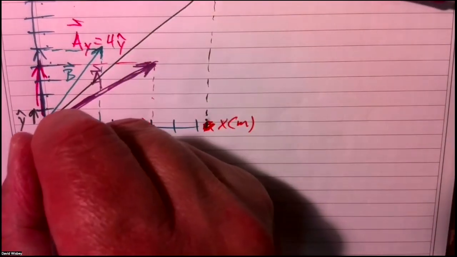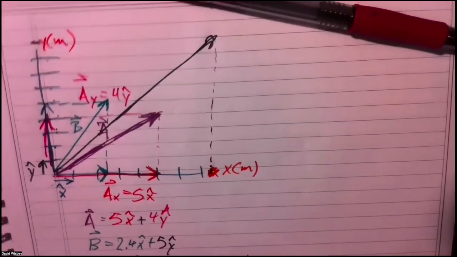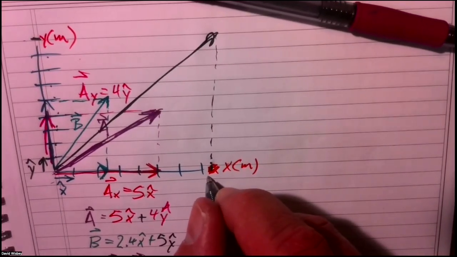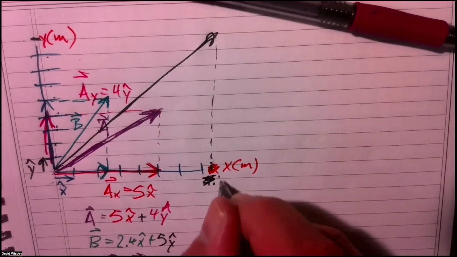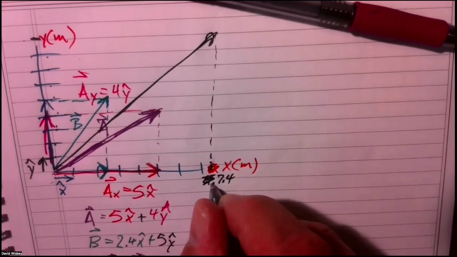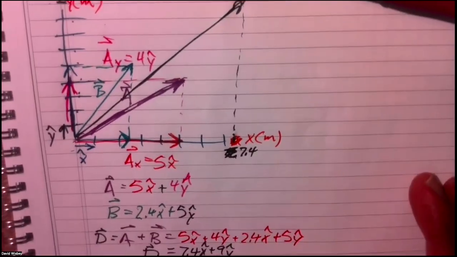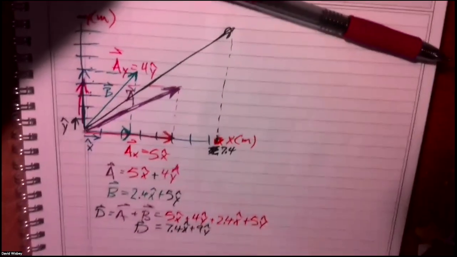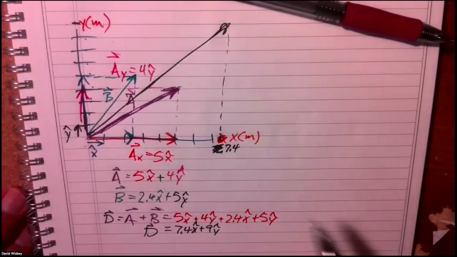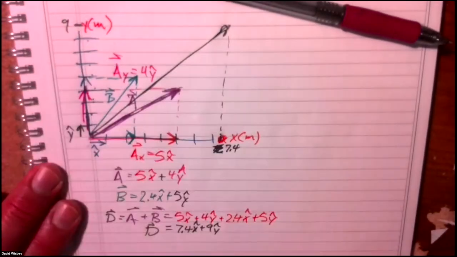So my resultant vector D goes all the way up here. There's D. Down here this is 7.4, and up here, zoom out a little bit, this is 9.